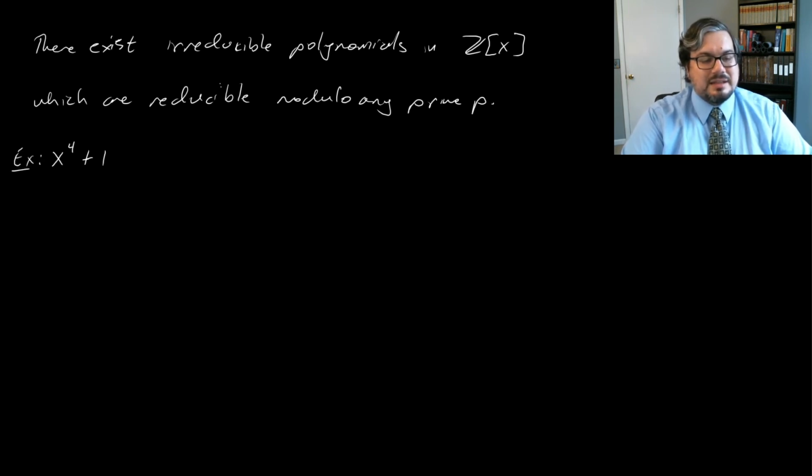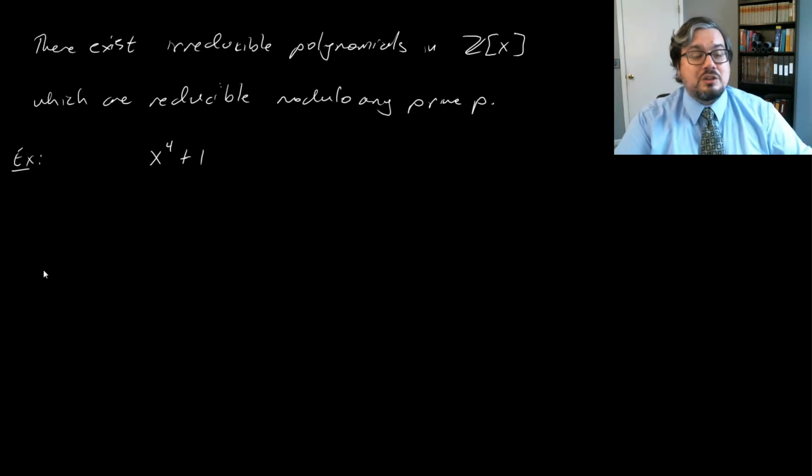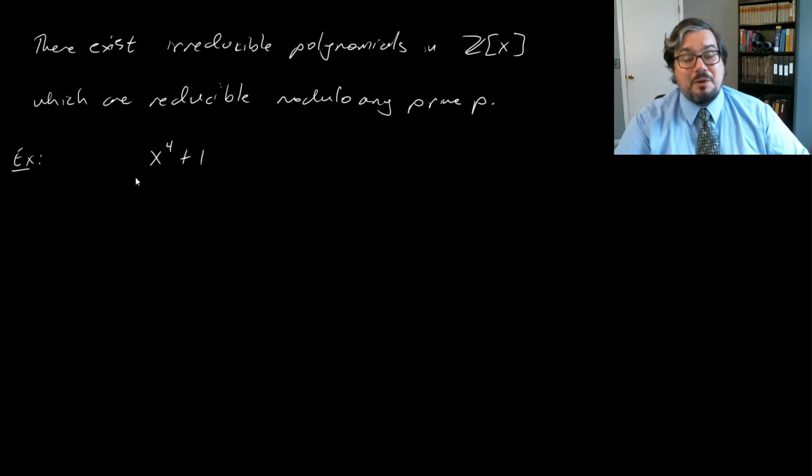Now, it's not totally obvious that x to the 4th plus 1 is reducible modulo every prime p, but it turns out that it is.